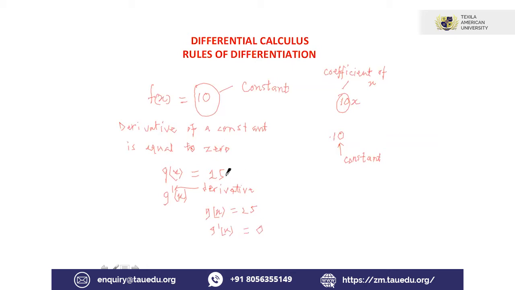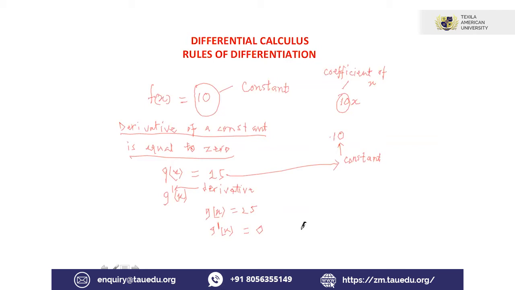We are saying this because the 25 here is a constant. So if 25 is a constant, and the rule says the derivative of a constant is equal to 0, then basically anything that we have which is a constant, when we take the derivative, that is the apostrophe symbol, we are going to get 0 as the result.